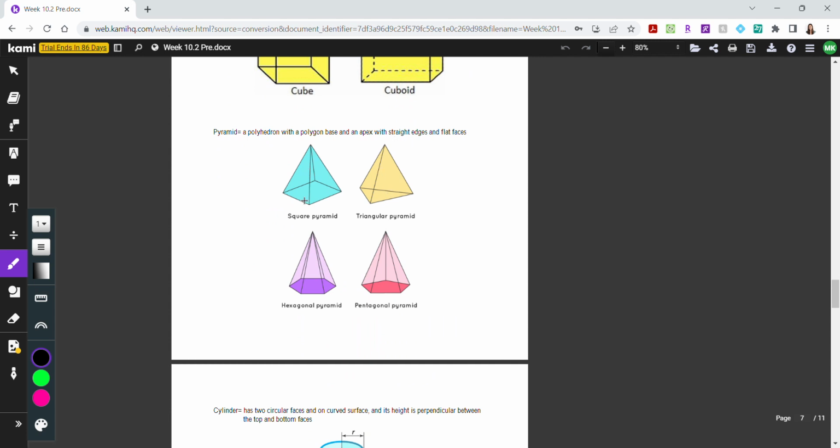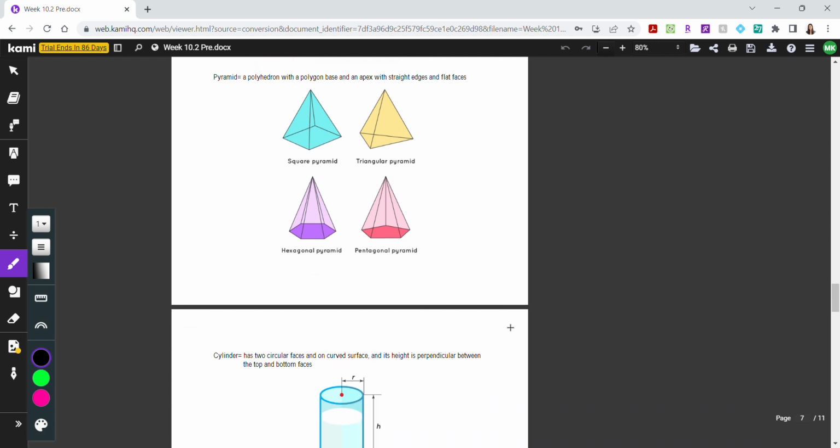This is a square pyramid because the base is a square, a triangular pyramid because the base is a triangle, a hexagonal pyramid, as you can see, hexagon base, and a pentagonal pyramid because pentagon base. This is really good to identify because you will need to know what kind of base they have in order to find the surface area and volume. We'll get to that in a bit.